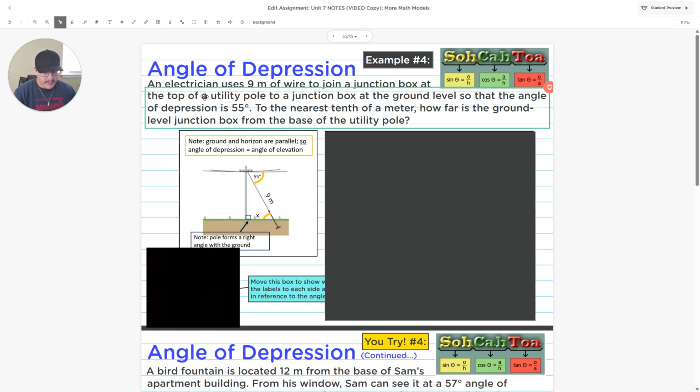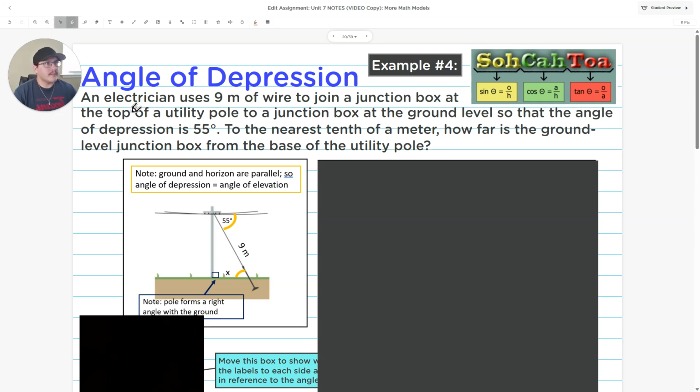The previous problem was an angle of elevation problem. This next one we're going to look at is an angle of depression problem. In this example, an electrician uses 9 meters of wire to join a junction box at the top of a utility pole. We'll pretend there's a box there.